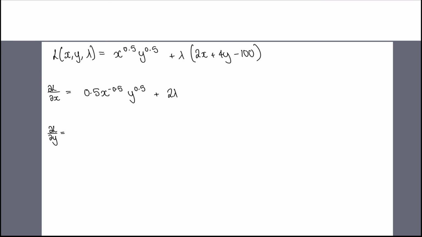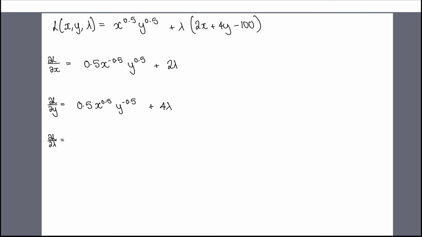Partially differentiating with respect to y gives us 0.5x to the power of 0.5 multiplied by y to the power of negative 0.5 plus 4 lambda. And partially differentiating with respect to lambda just gives us the constraint, which is 2x plus 4y minus 100.